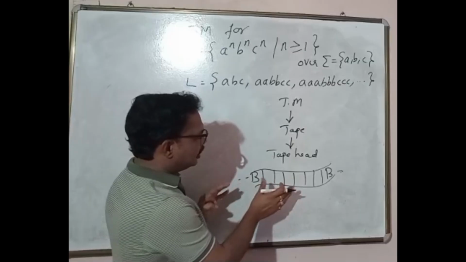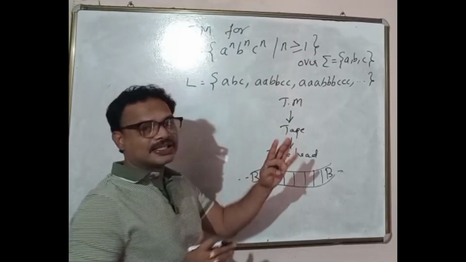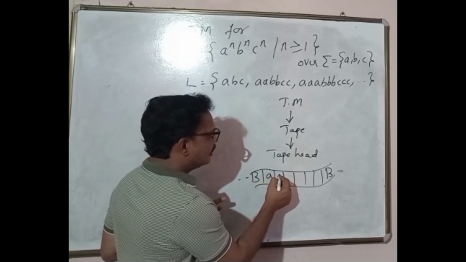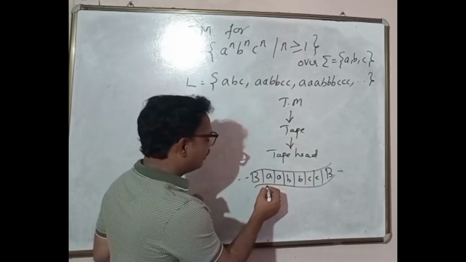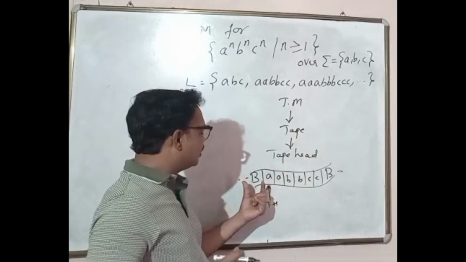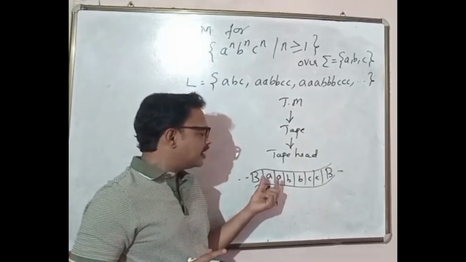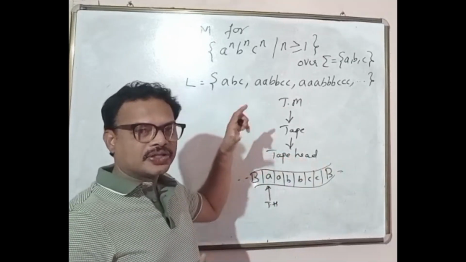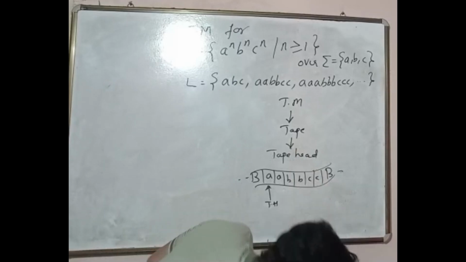If we want to test whether a particular string is accepted by the Turing machine or not, we can write the string on the tape to test it. The tape head by default starts from the first symbol. The tape head moves either right or left, one cell at a time, and it can read or write symbols on the tape. That is the overall gist of a Turing machine, which I just recalled for your convenience.